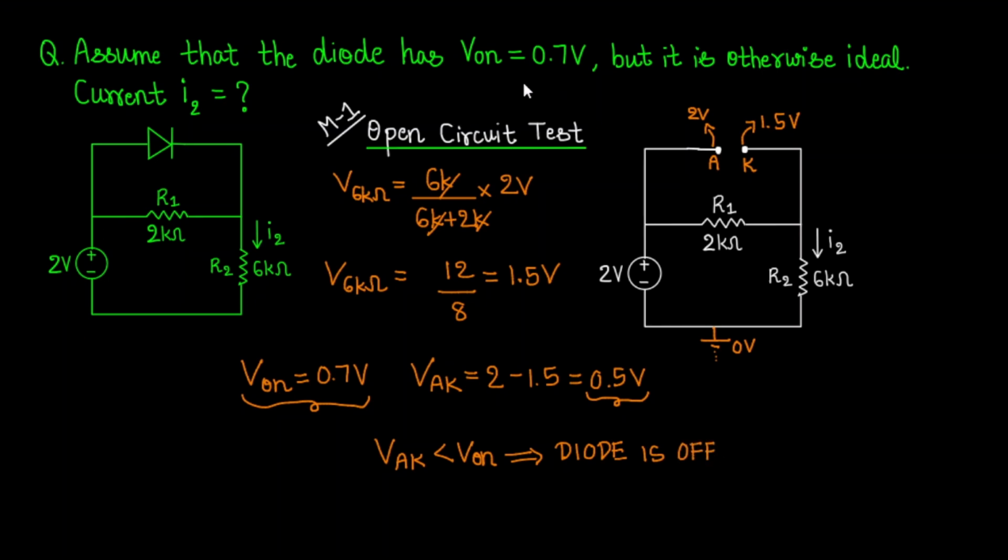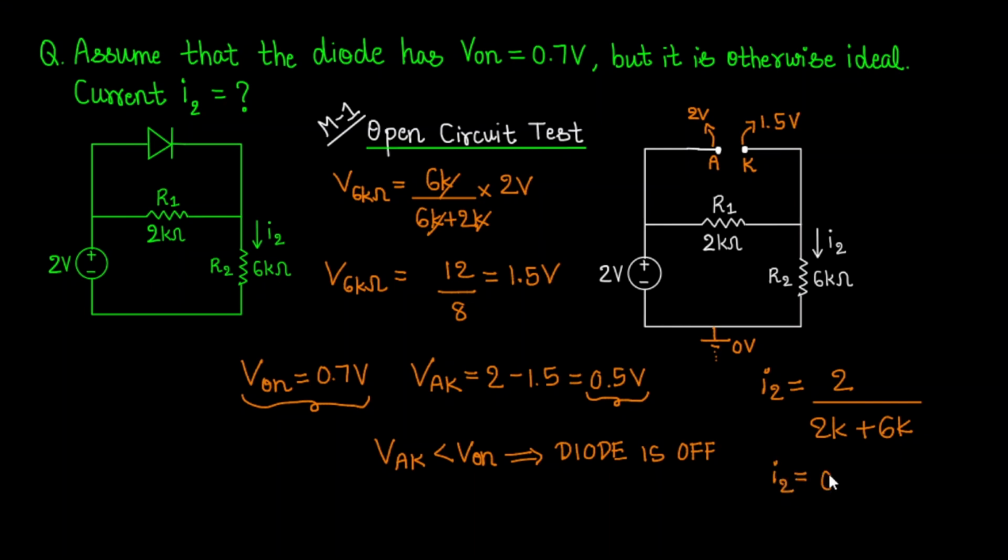So as this is the open circuit test, our assumption that the diode is off is actually correct because we are proving the same by solving this. Now as this is the open circuit, zero current flows through this part of the circuit, so that part of the circuit can be neglected, and this current I2 can be found using Ohm's law, which is I2 equal to the voltage 2 volts divided by the two resistors in series, which are 2K plus 6K.